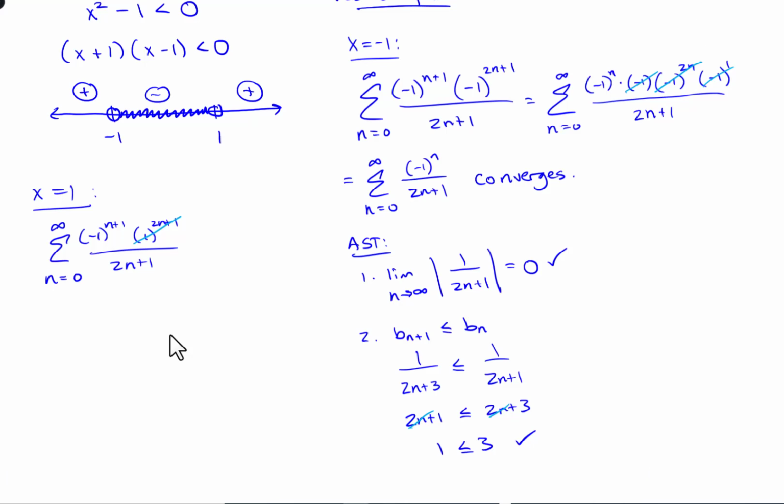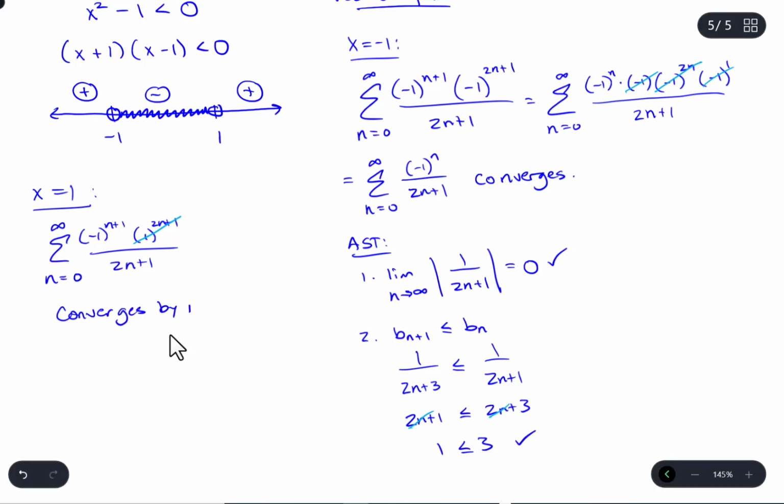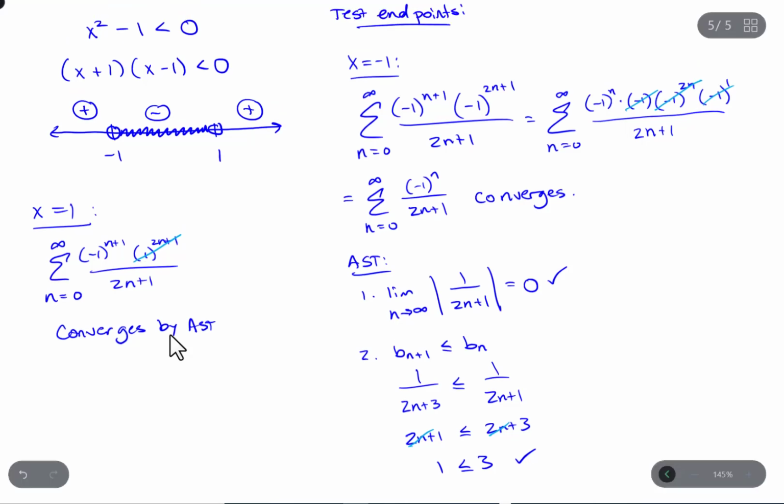And then effectively I have the exact same series. This would be the same thing as negative 1 to the n plus 1 over 2n plus 1, which is what we just proved. So this also converges by the alternating series test as well. But I'm not going to go through the details because we just proved it in the last endpoint.